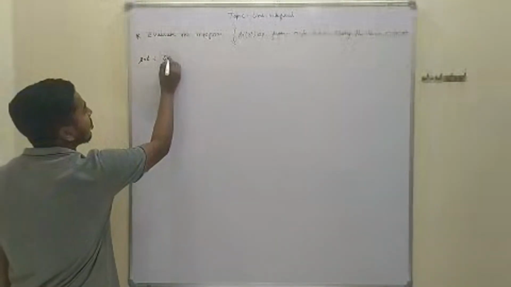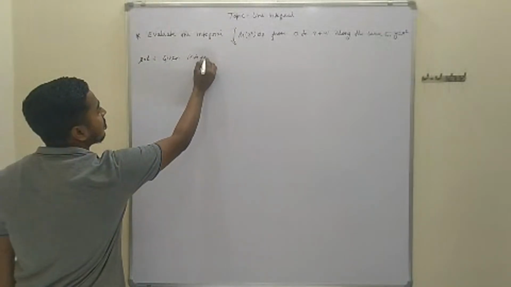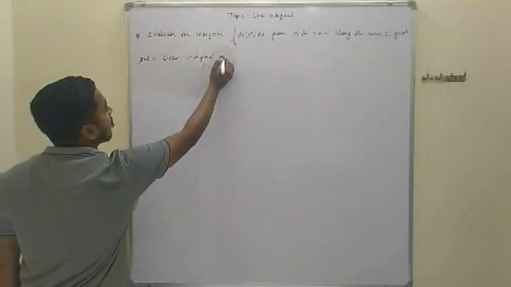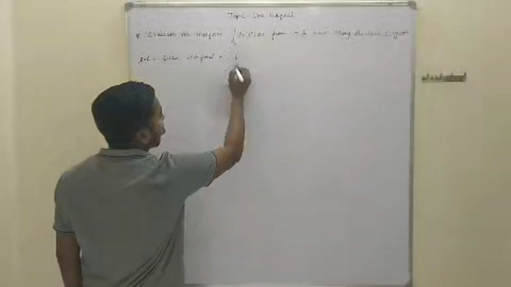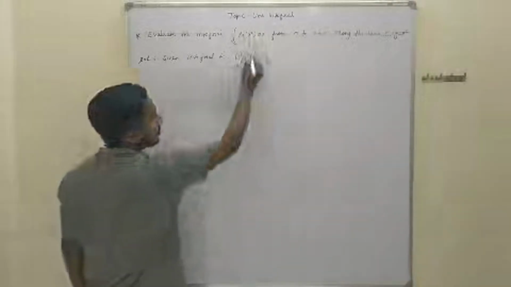Given, the integral is the closed integral of the real part of z squared dz. We have to consider only the real part.